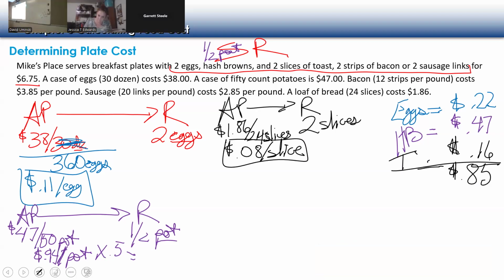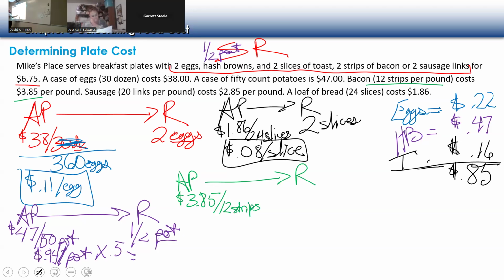Okay. So let's do a couple more. Let's go with green for bacon. AP to recipe. Our bacon is 12 strips per pound and it costs us $3.85. So $3.85 for 12 strips. And I need 2 strips of bacon. My units are the same? Okay, good.